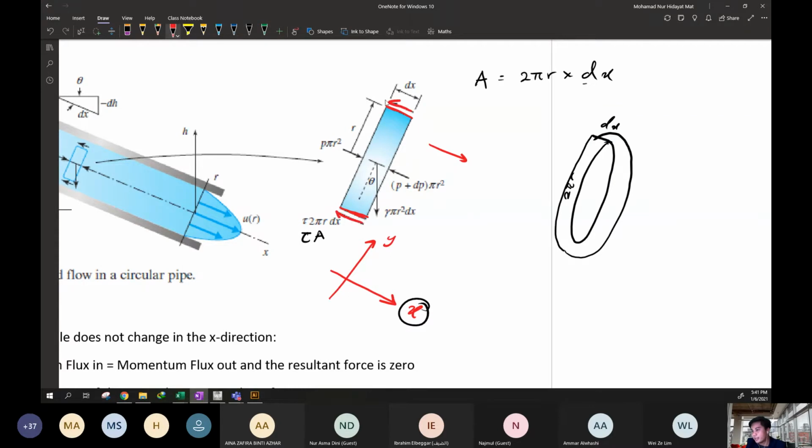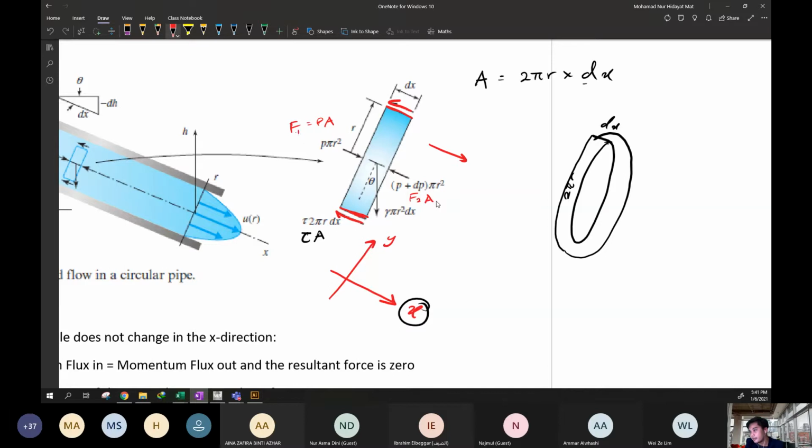Then we have the normal force, which is P multiplied with the area, force equal to P multiplied with A. Pressure multiplied with area, which is the area of this circle, pi r squared. And this form also the same. Let's say this is F1, this is F2.